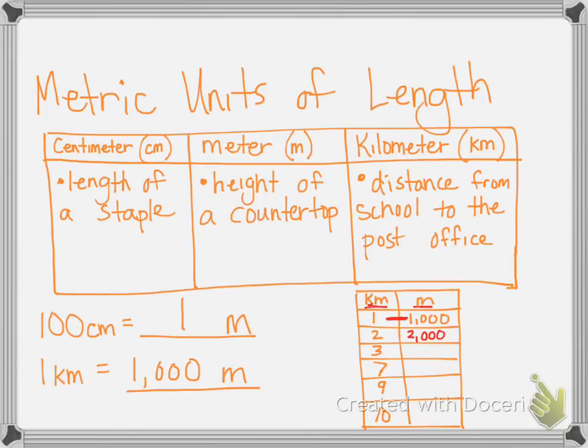So if there's 3 kilometers, 3 times 1,000 would get us to 3,000. 7 kilometers would be 7,000 meters. Okay, notice I'm multiplying by 1,000, so I'm tagging along 3 zeros each time. 9 kilometers, there would be 9,000 meters.